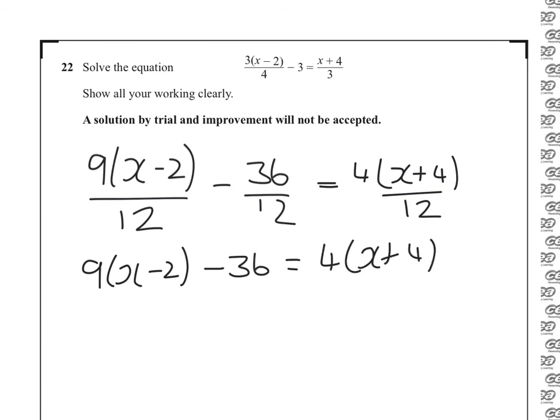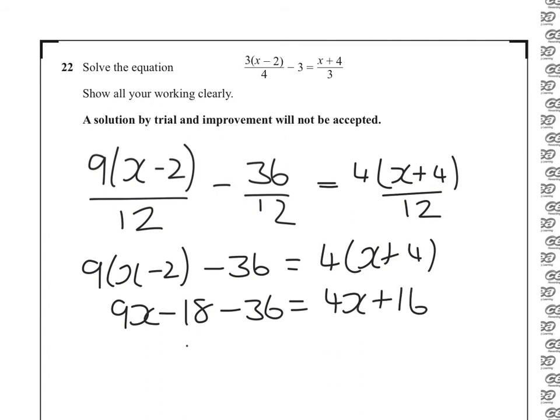If I expand the brackets, I have 9x minus 18, take away 36 equals 4x plus 16. 9x take away 4x is 5x. 16 plus 36 is 52, plus 18 is 70, so x would be 14.